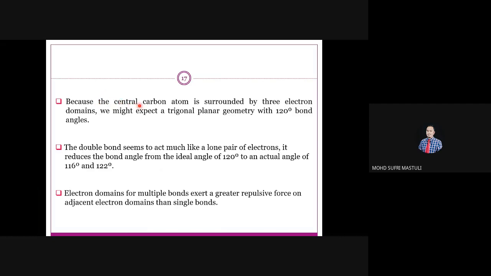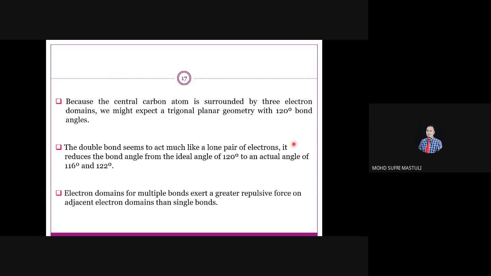Because the central carbon atom is surrounded by 3 electron domains, 3 bonding pairs plus no lone pair, it is expected to have trigonal planar geometry with a 120-degree bond angle, as shown in the previous slide. The double bond seems to act much like a lone pair of electrons.